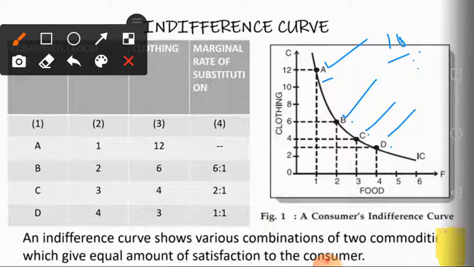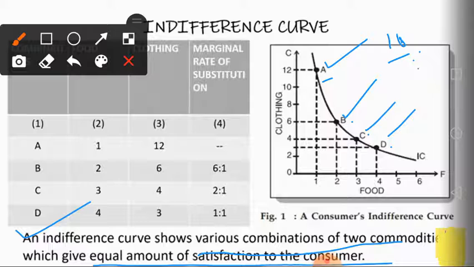Again I am going to revise the definition of an indifference curve. An indifference curve shows various combinations of two goods. There are always two goods. It is a curve representing the combinations of two goods which give an equal amount of satisfaction to the consumer. Clear?